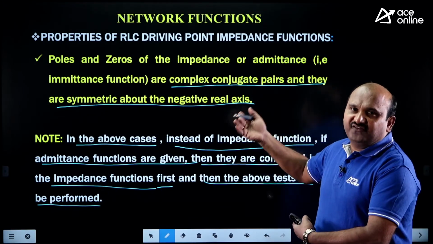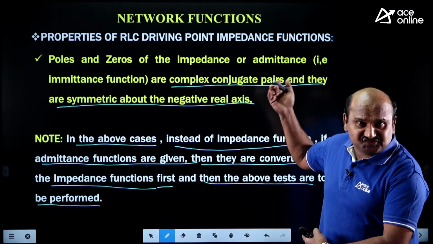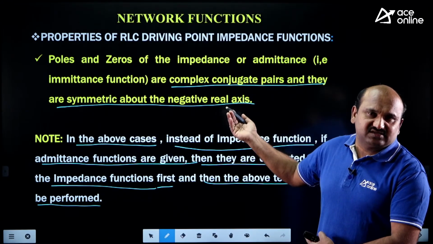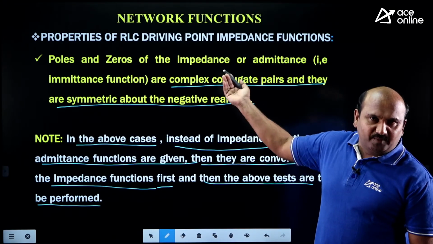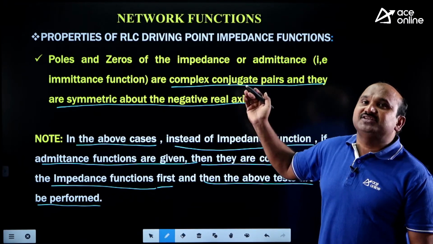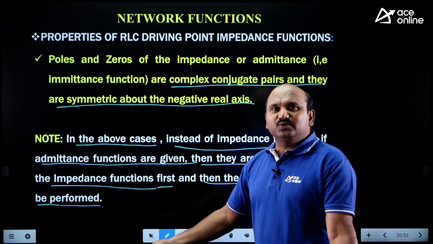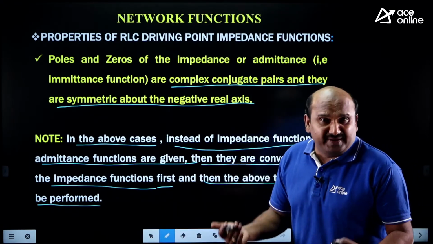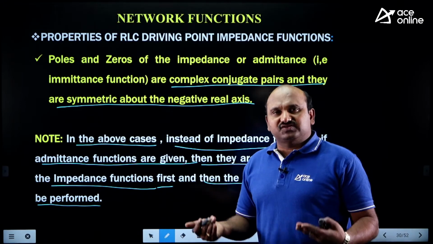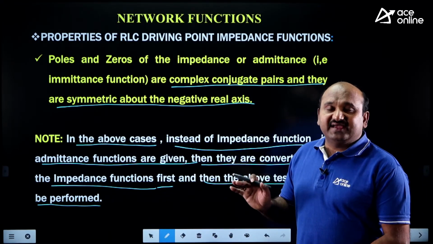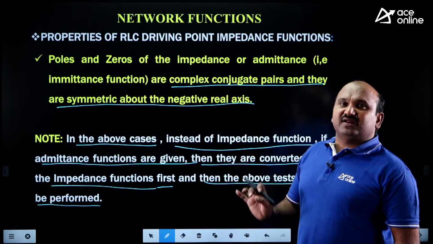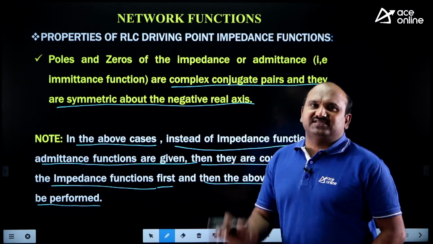Then you have to perform the above tests, whichever RL, RC or LC properties apply, and check them. Then according to that I can say the network is made with either RL, RC, LC or RLC. I can synthesize the network like that. Network made with what type of elements, right?